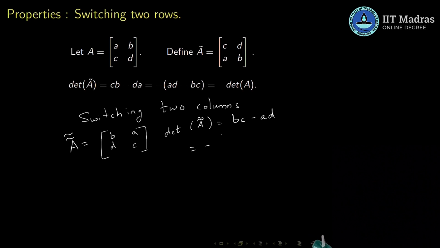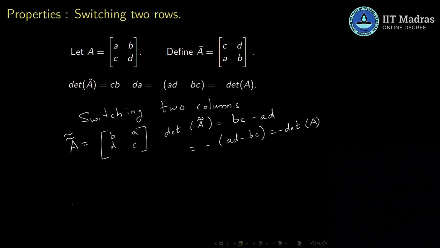This expression is exactly minus of A D minus B C, which is minus of determinant of A. Okay. So, the statement for rows also holds for columns, namely if we switch two columns, the determinant of the new matrix is the same as the determinant of A with a minus sign.